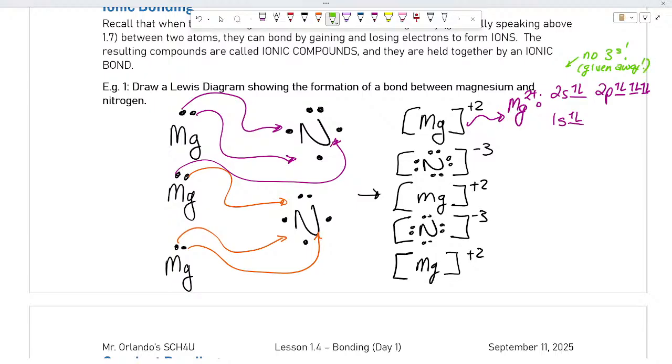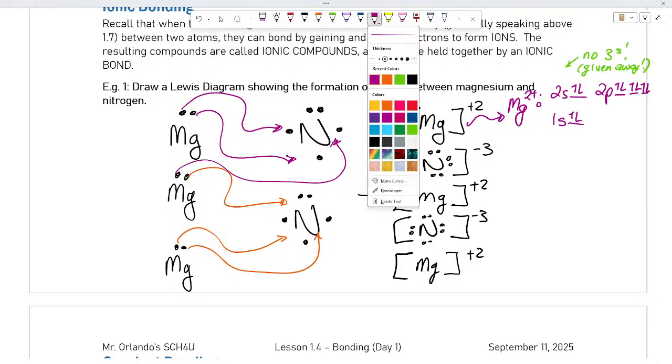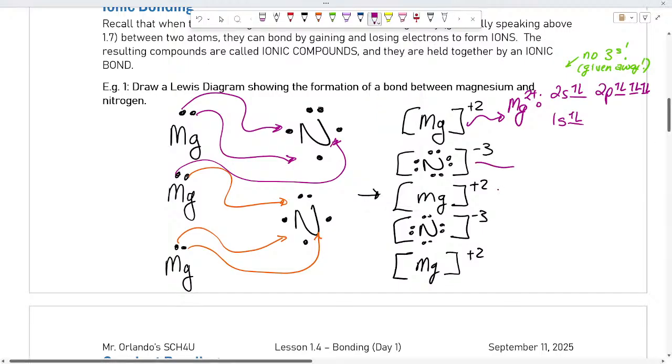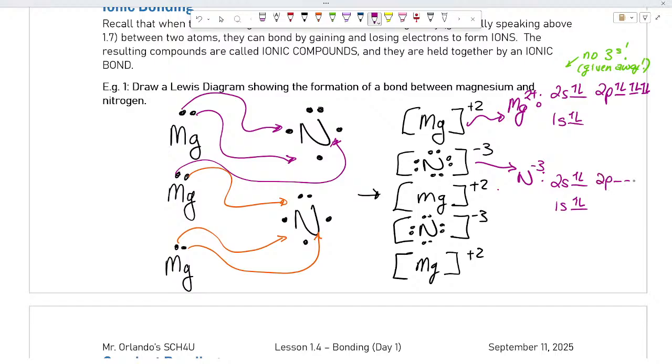And on the other hand, what about nitrogen with 3 electrons gained? What does its Lewis structure look like? So now nitrogen, negative 3, will have a full 1s, right? And then a full 2s, and then 2p6.